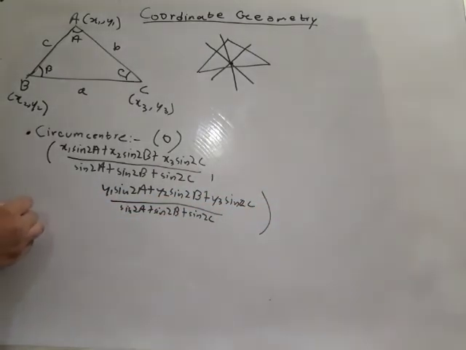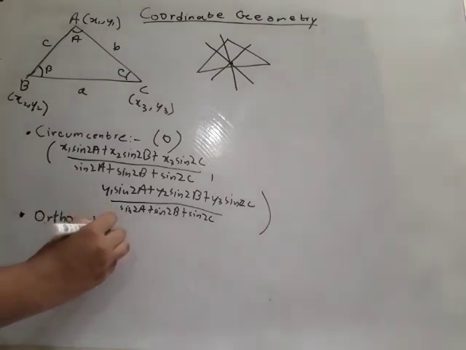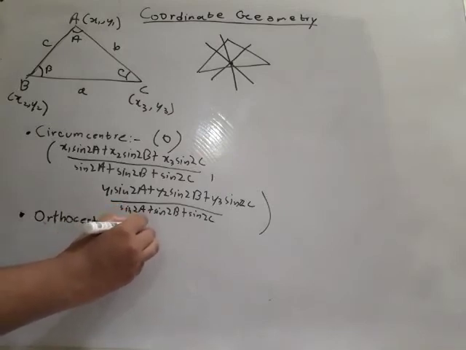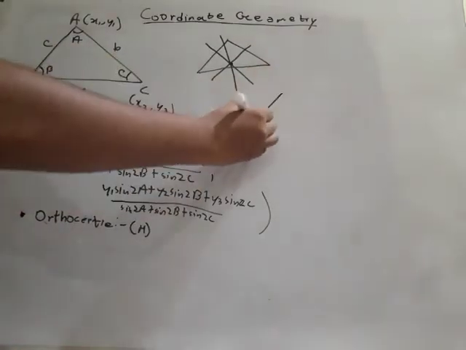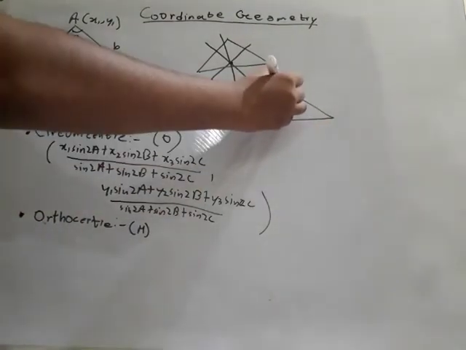Now another important center, the orthocenter, usually termed as H. The orthocenter is the point of intersection of altitudes.